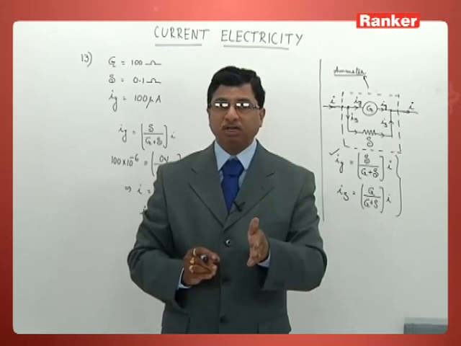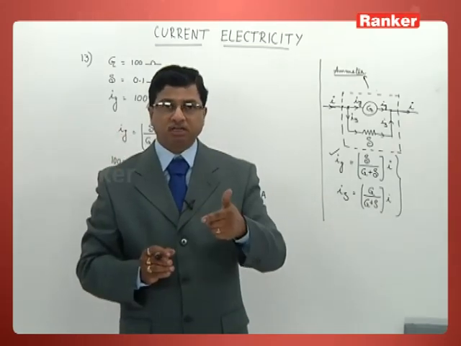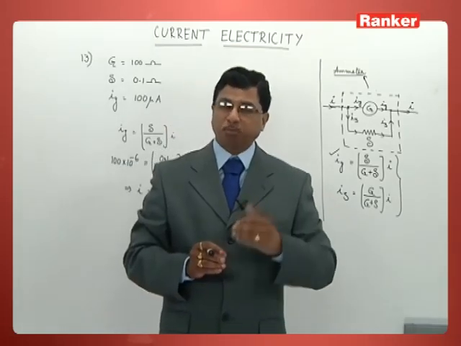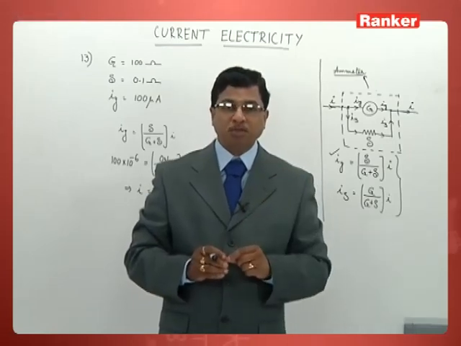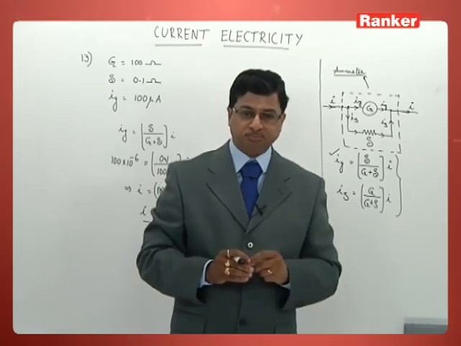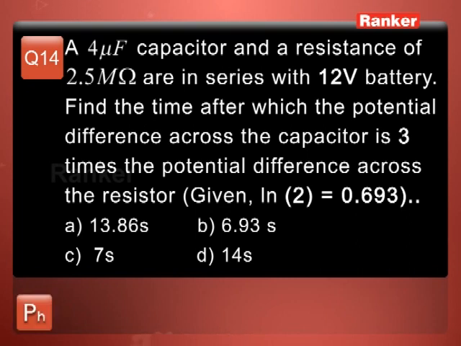If it is a voltmeter, a very high value of resistance will be connected in series to the galvanometer. Based on that concept of ammeter, this particular problem has been framed. That is problem number 13. Let us check problem number 14.